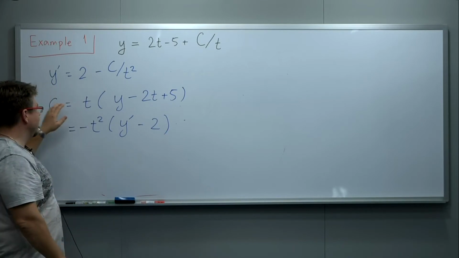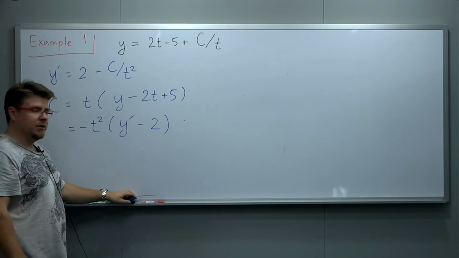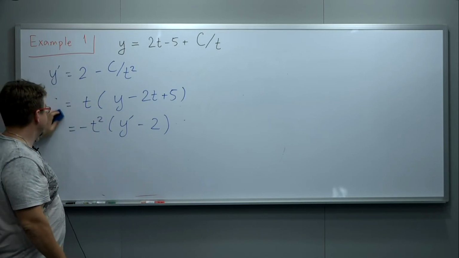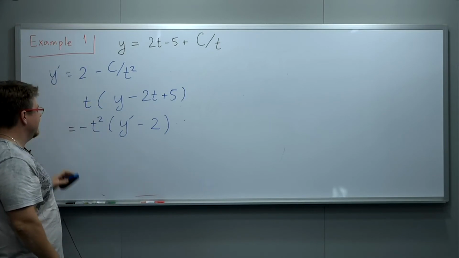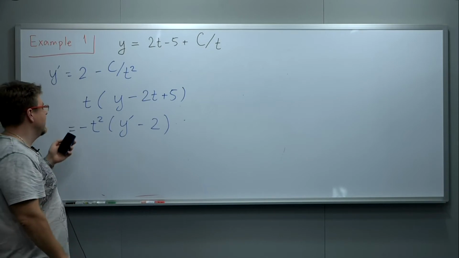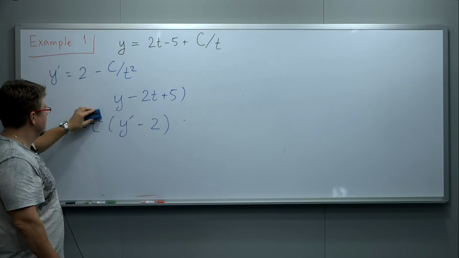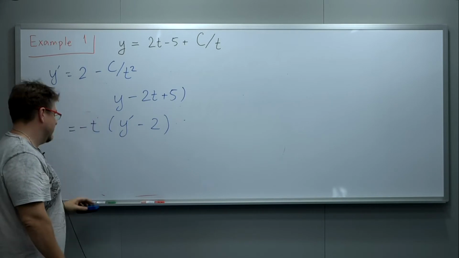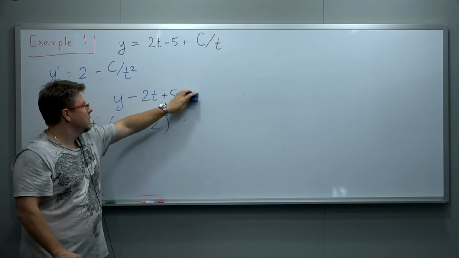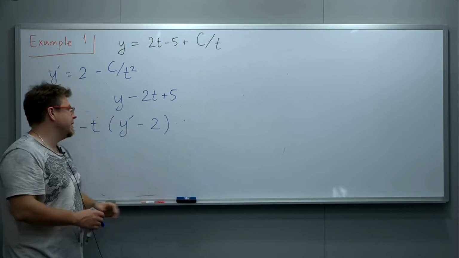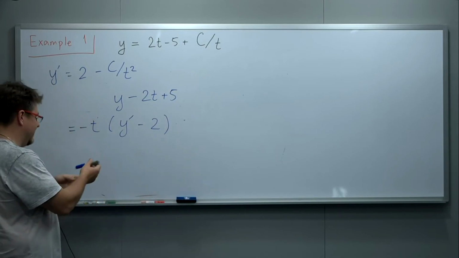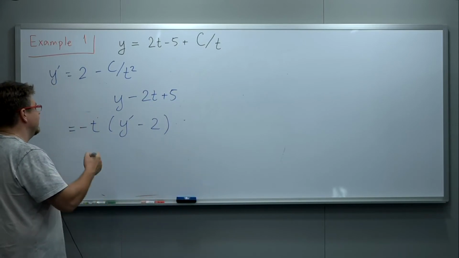Well, so c equals this and this at the same time. Which means I can just forget about c and equate these two together. And then I can cancel by t. And I get this, and this is basically the answer. Only let me rewrite it nicely.